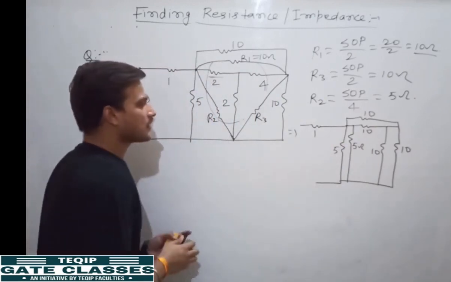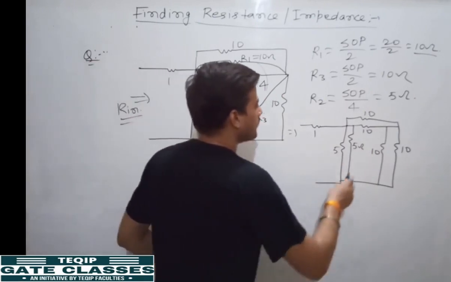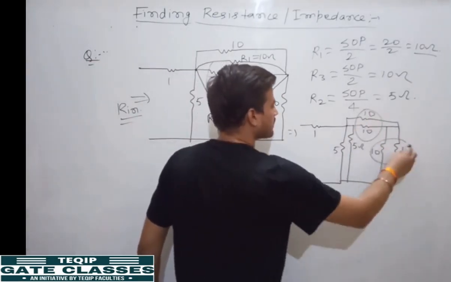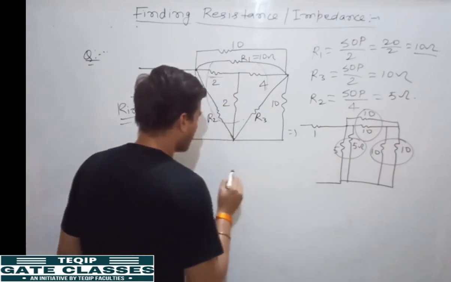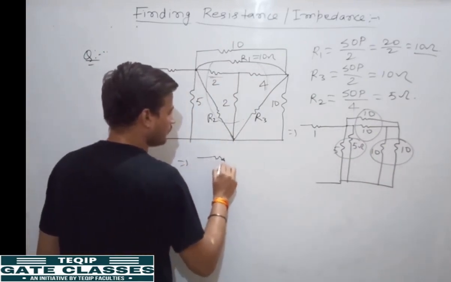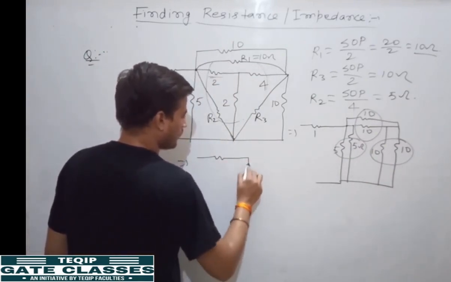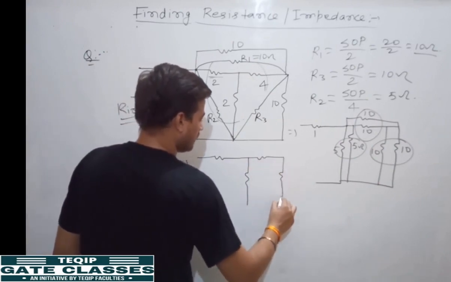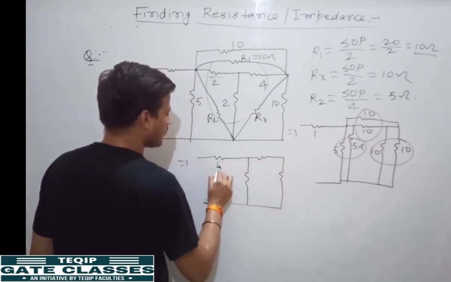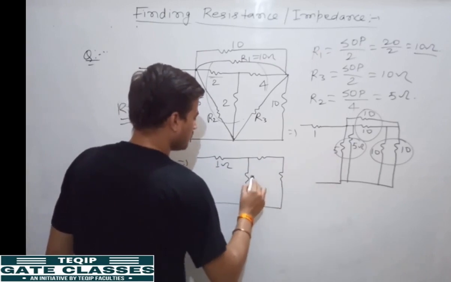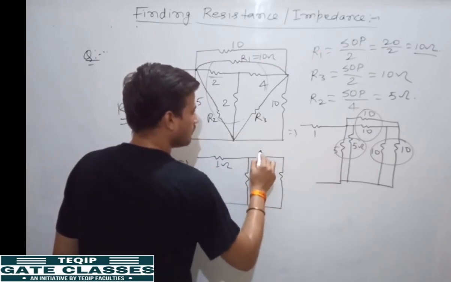Next what will happen? You see, these two branches are in parallel. It means there will be total 3 resistance. 1 ohm. It will become 2.5. It will become 5.